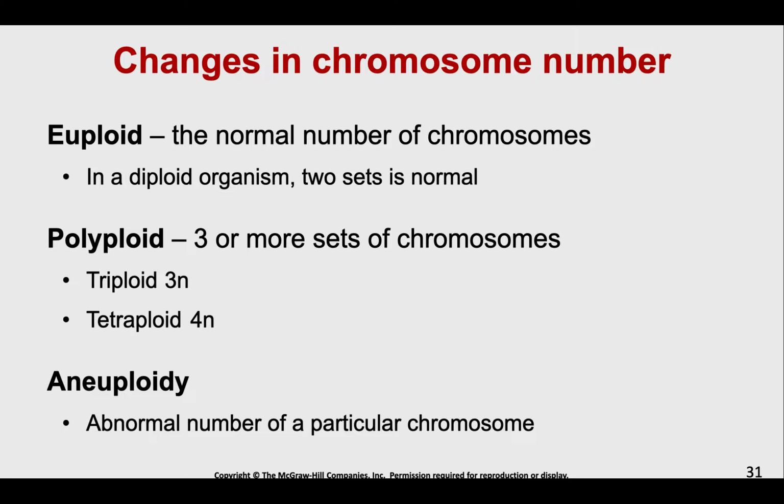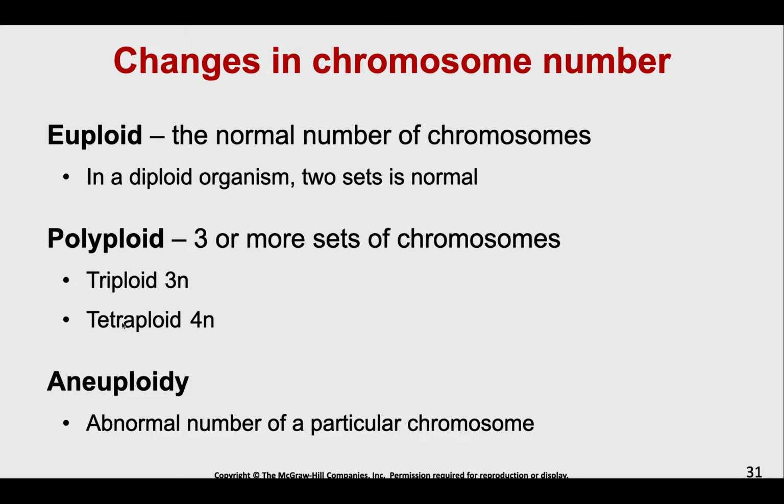All right, so that's change in chromosome level mutations. We can also have change in the chromosome number themselves. If you're euploid, that's the normal number of chromosomes. A diploid organism would be 2 sets, which is normal. We talked about a tetraploid organism, which would be 4 sets of homologous chromosomes.